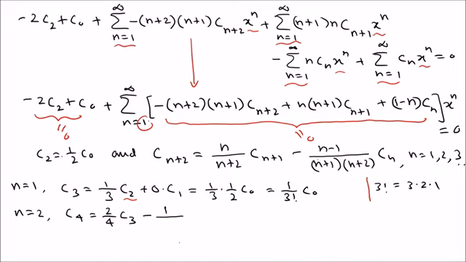When you apply n equal 2 to the equation, you're going to get 3 times 4, so 4 times 3 C2. So that's what you get.